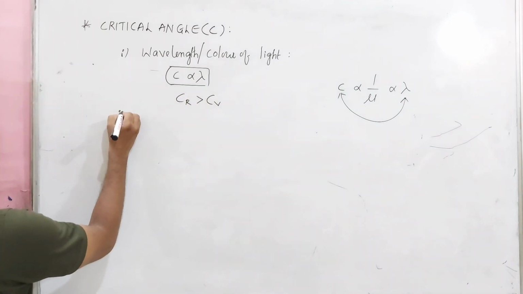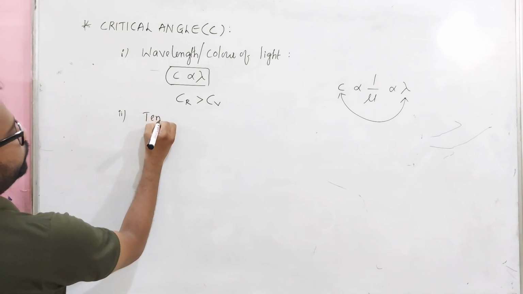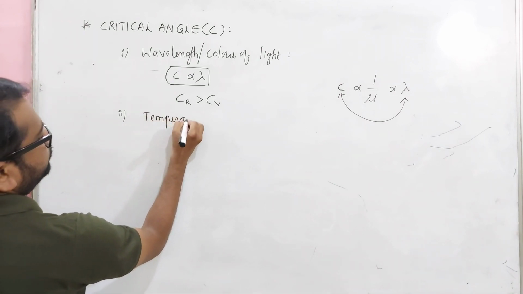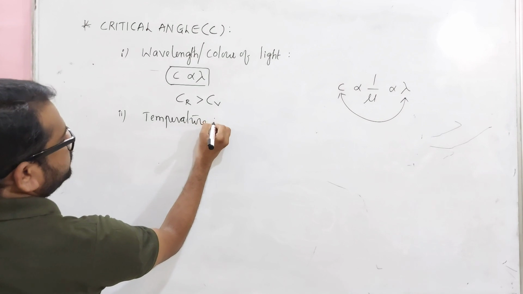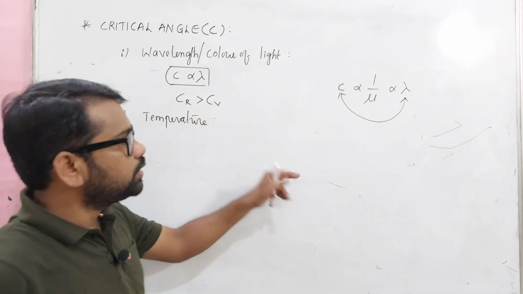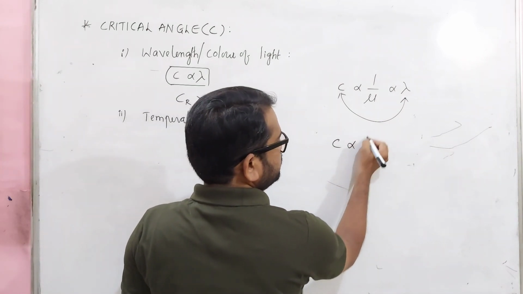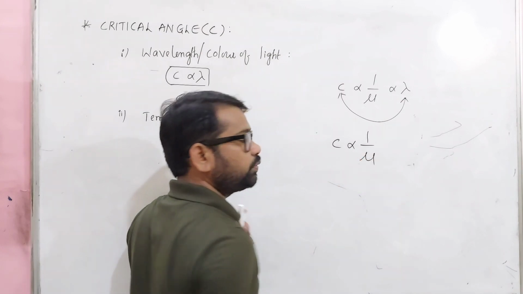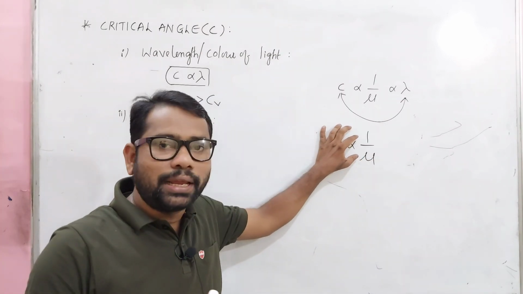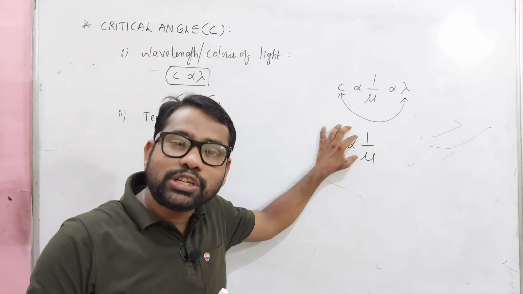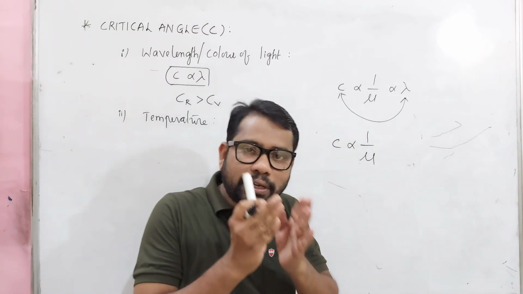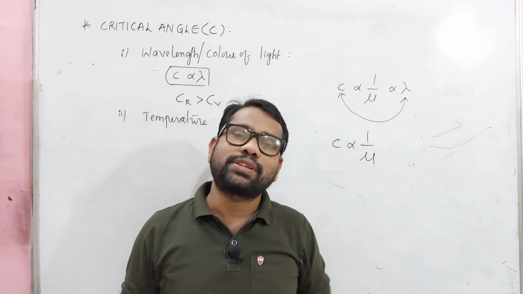Now the second point is the temperature. Children, again let us recall c is inversely proportional to mu. Now forget about the critical angle and think about the relation between refractive index and temperature.